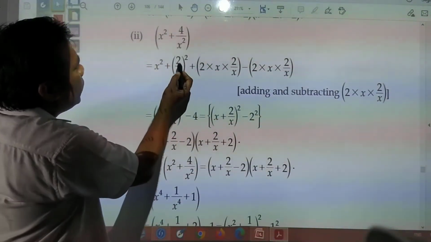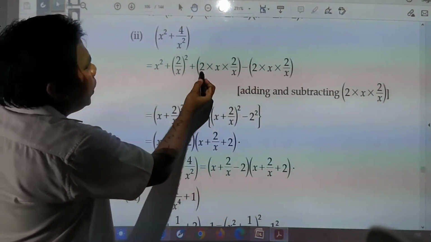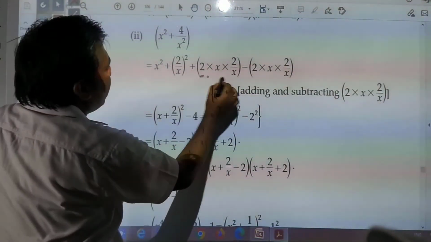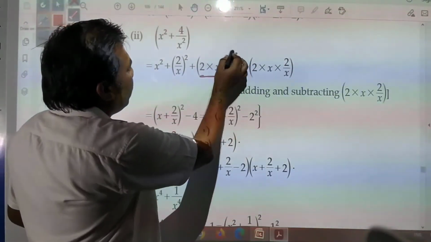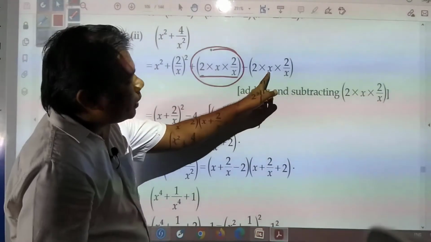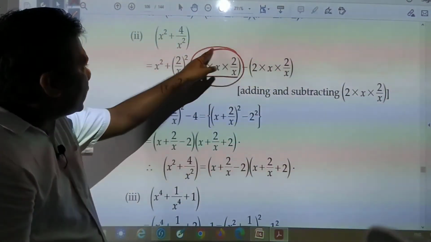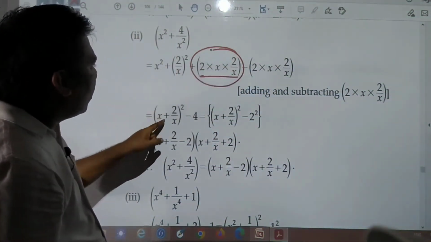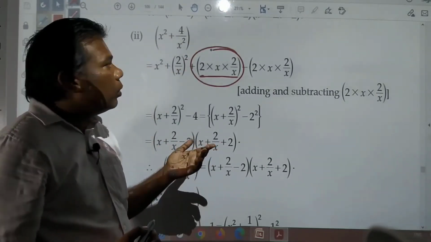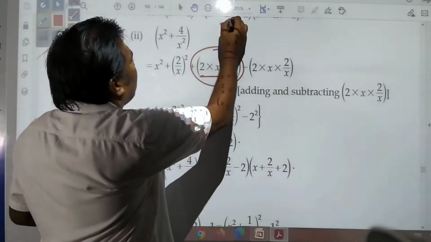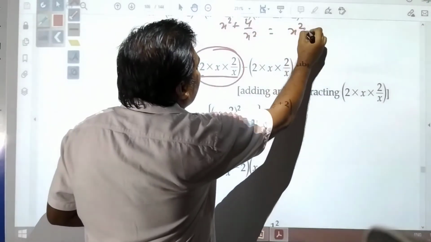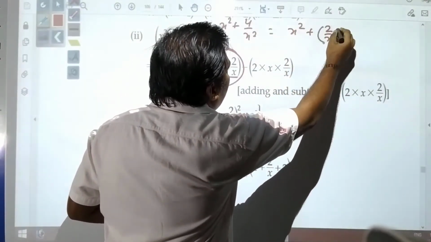This can be written as 2 by x whole square plus 2 into x into 2 by x. So for getting the formula, you need to remember this is required to be written by ourselves and this is required to be subtracted also, so that this can be written as in the formula. So x square plus 4 by x square you have. This can be written as x square plus 2 by x whole square.